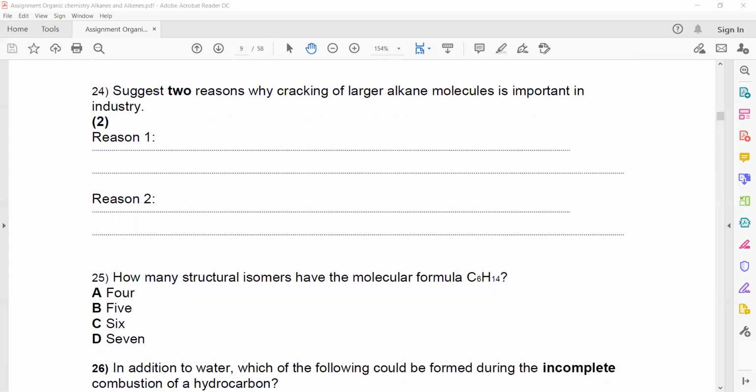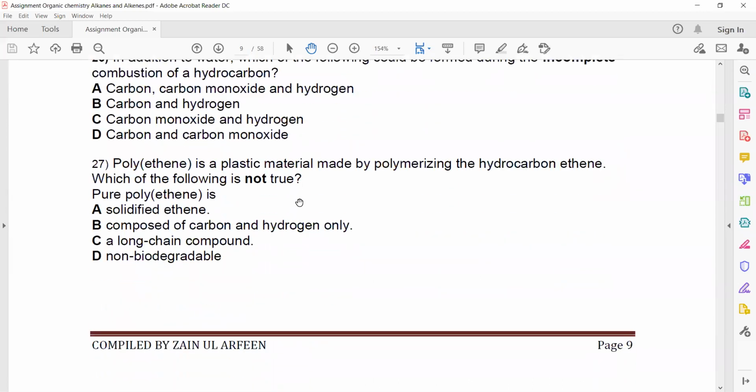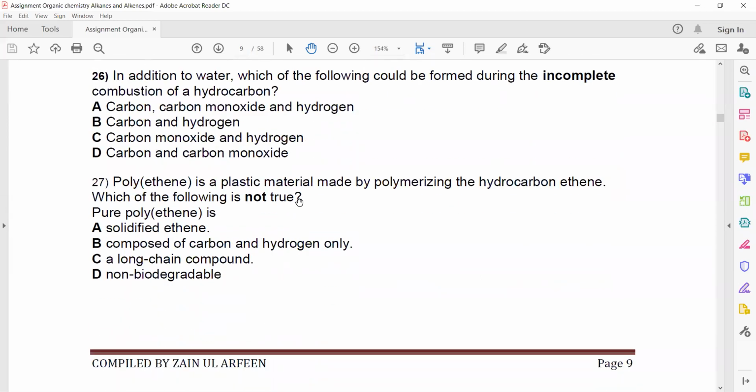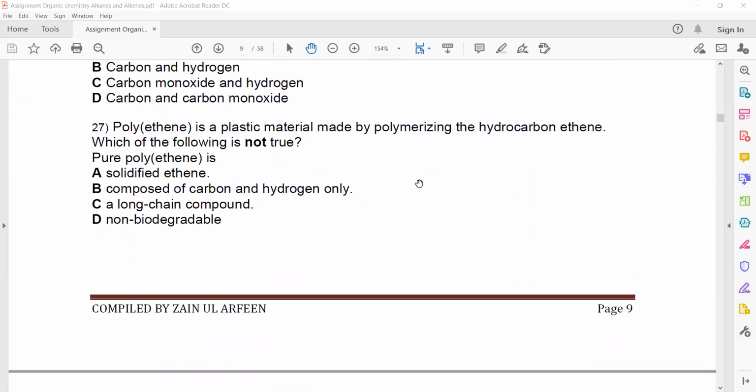The product is more useful, or in higher demand, or smaller alkanes give less pollution or burn more efficiently. Yes, we can also use it to make hydrogen.